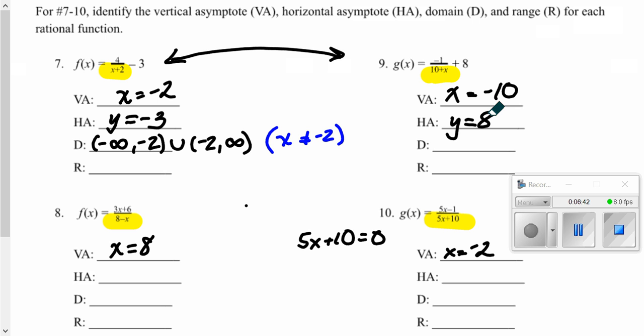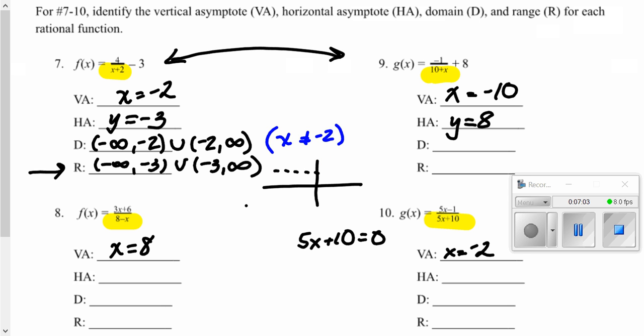And I would check this with just looking at a graphing calculator just to make sure that I was right. But my range here is going to go from negative infinity to negative 3, and from negative 3 to infinity. Okay, there's going to be a split, that horizontal asymptote. Now this you actually probably should check with a graphing calculator, because it is possible to have a horizontal asymptote and then have your graph, this is just a random graph I'm drawing, by the way, you guys, just be on one side of the horizontal asymptote.